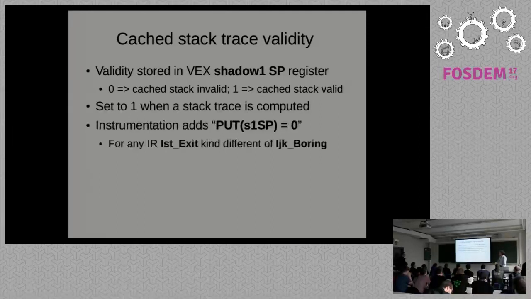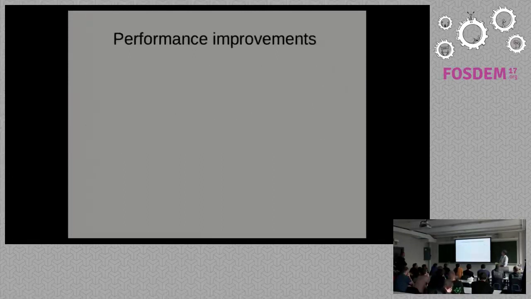Then when we instrument the code, the instrumentation adds an assignment of 0 to the shadow stack pointer for any intermediate representation exit kind which is different from boring. Boring means just go to the next instruction. Anything else is a kind of jump, and a jump means that we can't just replace the last instruction pointer, so we invalidate the cached stack trace. So that's the basic idea, very easy to understand. Has everybody understood? Yes? So it wasn't easy to understand, right?